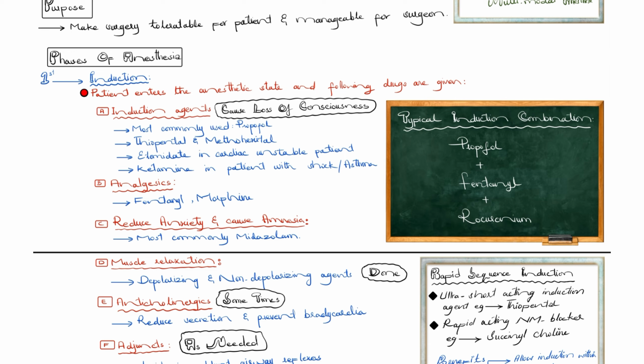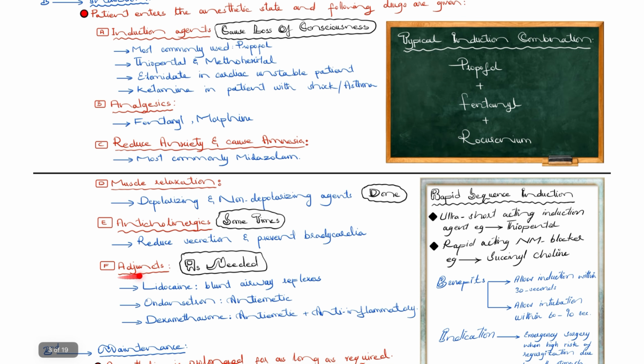Then sometimes you can use an anticholinergic to reduce salivary and bronchial secretion and prevent bradycardia. And as needed, some adjuncts can be used, like lidocaine to blunt airway reflexes, ondansetron as antiemetic, and dexamethasone as antiemetic as well as anti-inflammatory. Why do you want to use dexamethasone?